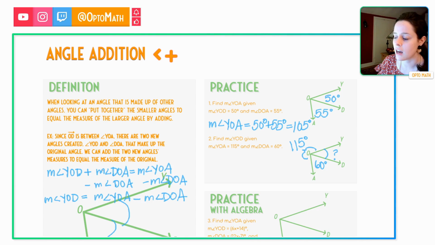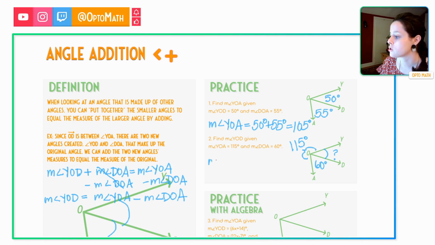That's because the measure of angle DOA minus the measure of angle DOA will simplify to 0. So that is eliminated on the left-hand side of the equation. That was a lot going on to simply say this: this total angle minus this 60-degree piece equals the leftover piece. It's kind of a reversed way of adding the angles together. It's just a subtraction. So total minus part equals the other part.